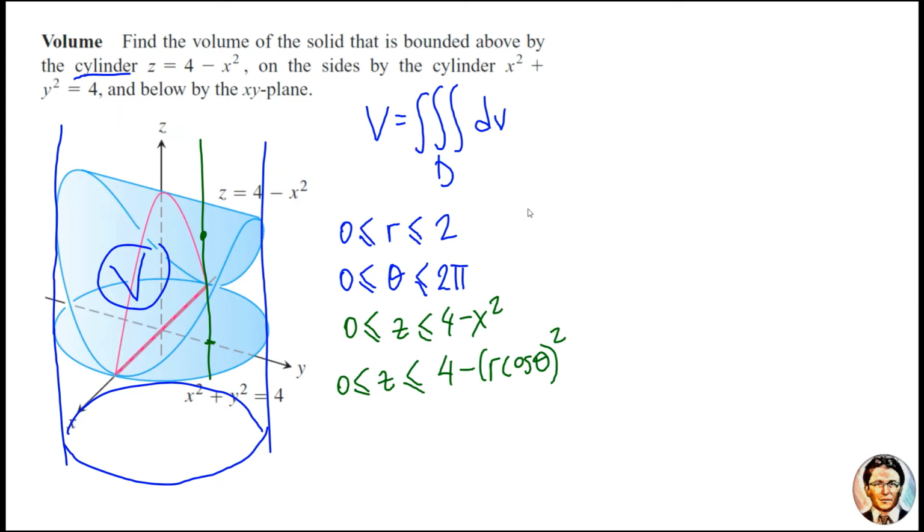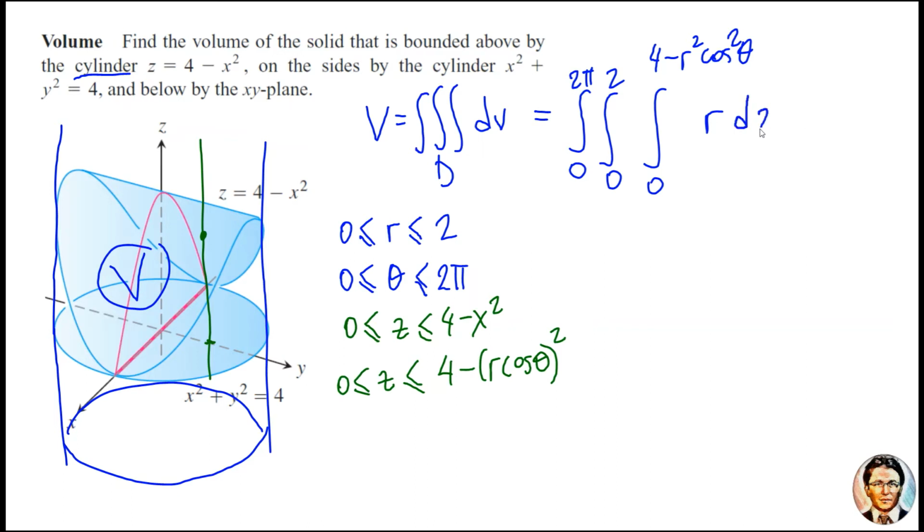So let me move back to the integral. I can say this is 0 to 2 pi, r is from 0 to 2, z is from 0 to 4 minus r squared cosine squared theta. For dV, remember we have r dr d theta dz.